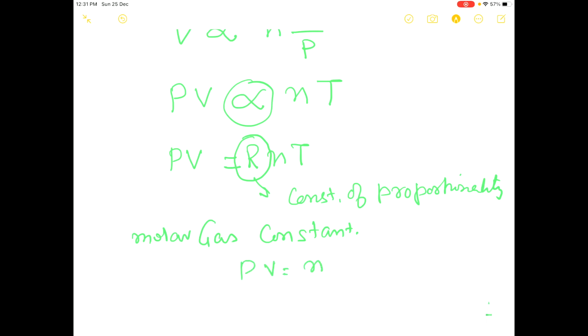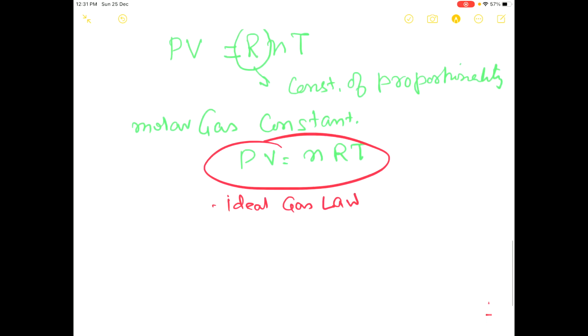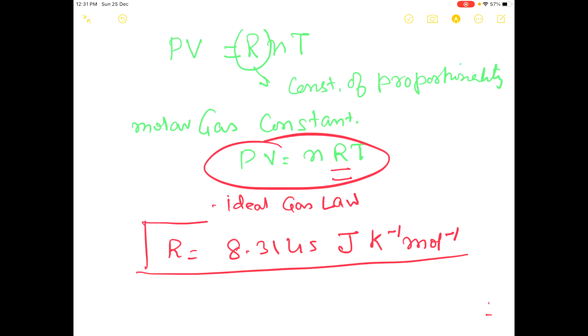PV is equal to nRT. This is ideal gas law. PV is equal to nRT, and R is the ideal gas constant, its value is 8.3145 joules per Kelvin per mole. This is the value of ideal gas constant.